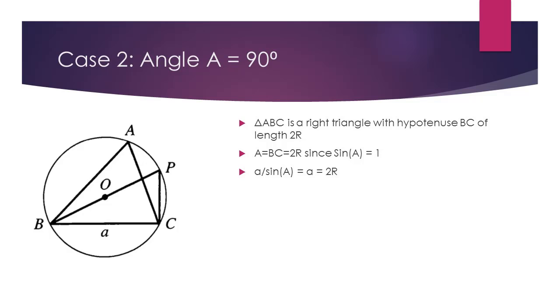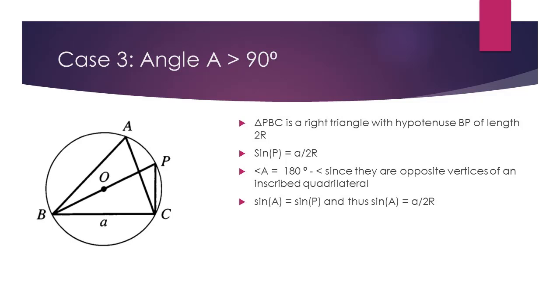Now we're on to our last case, which is when angle A is greater than 90 degrees. In the picture, we've again drawn the circumcircle for triangle ABC and taken the diameter from B to point P. So BP is our diameter, and BC is labeled just lowercase a.